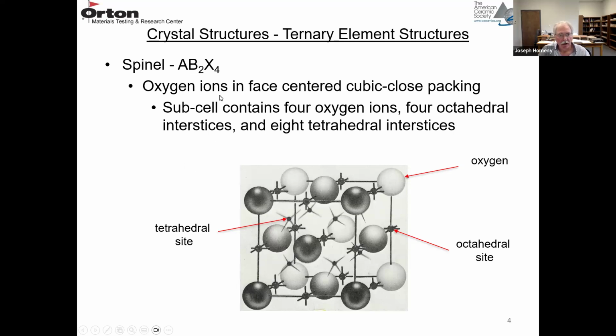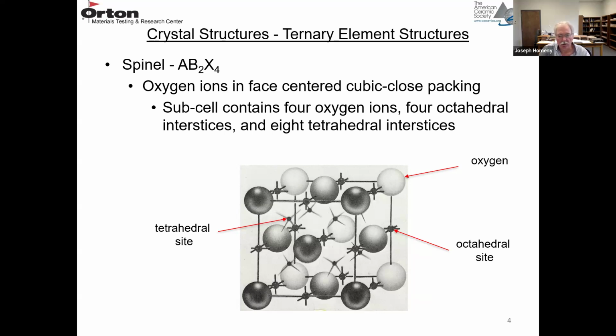So the oxygen ions are in a face-centered cubic close packing structure. The subcell contains 4 oxygen ions that are cubic close packed, 4 octahedral sites, and 8 tetrahedral sites. The large circles here are the oxygens. They're at the corners of the cube, and they're also at the face centers of the faces.